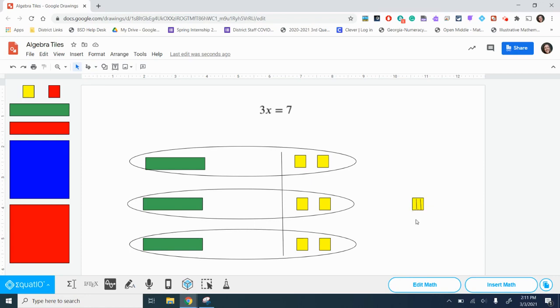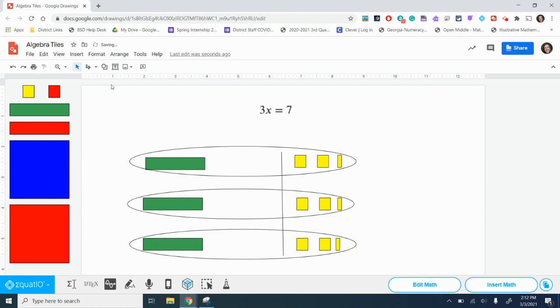Well, each of those little pieces represents 1/3, right? And so I'm going to take 1/3 and put 1/3 into each of my groups. All right, so I'm going to take these 3/3 and I'm going to put 1/3 into each group. 1/3, 2/3, 3/3. So that takes care of that whole.